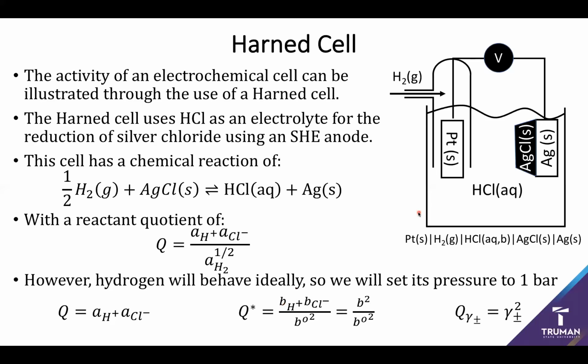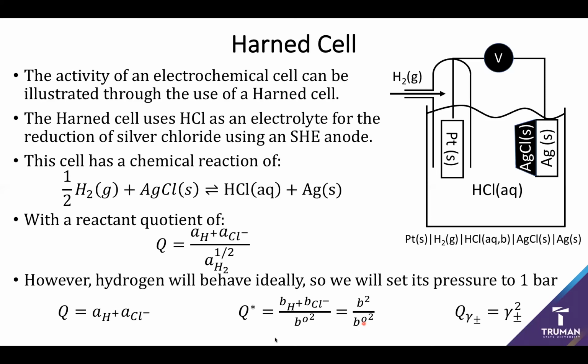And then since I'm buffering my system with HCl and not independent protons and chloride ions, what I can then do is take advantage of the fact that these two molalities should be the same. So my ideal reaction quotient can simply be given as the molality of HCl squared all over standard state molality of, again, 1 molal, which is mostly going to serve to keep my units balanced.